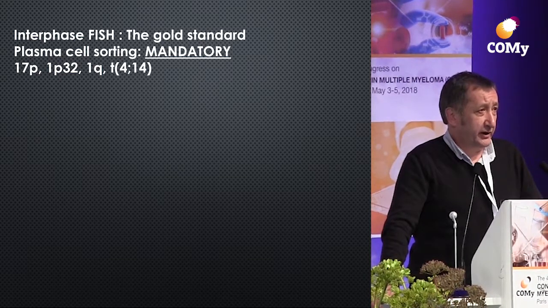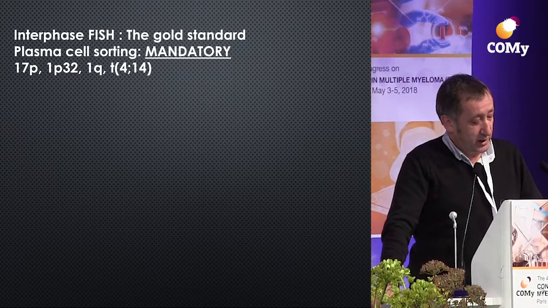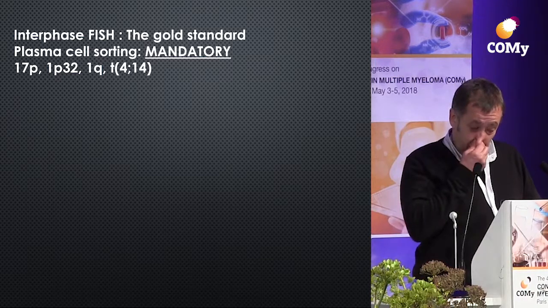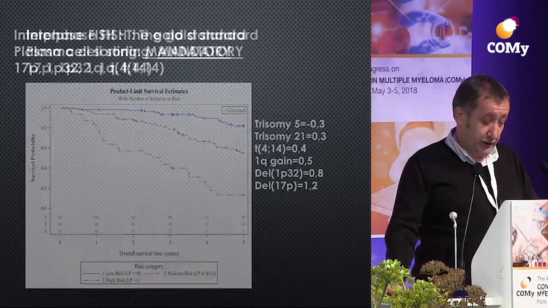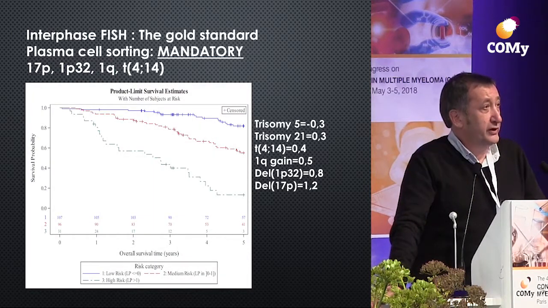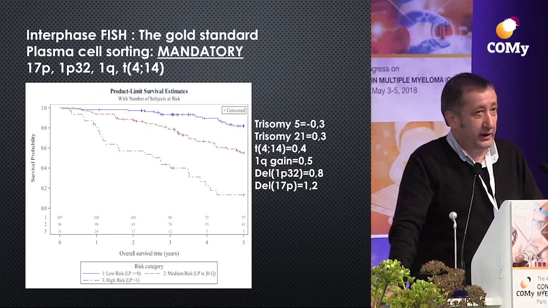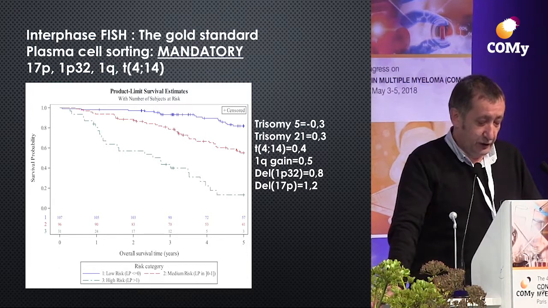And we decided in IFM to try to revisit the performance of all these abnormalities in predicting patient outcome. And so we did analyze quite a big number of patients for training and then for confirmation.